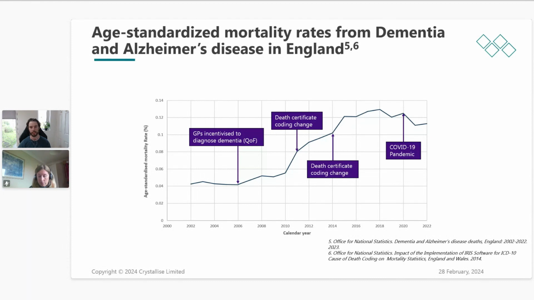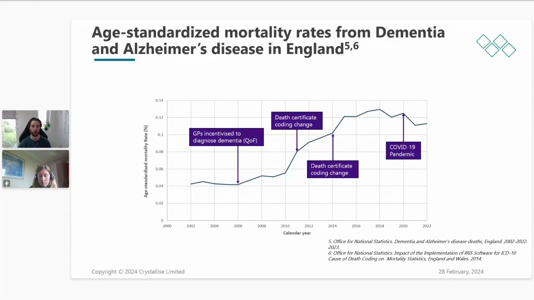There was another coding change as well in and around 2014, which resulted in some uptick. The earlier coding change was recoding of vascular issues to dementia, and the latter being issues with the lungs being attributed to dementia as well.